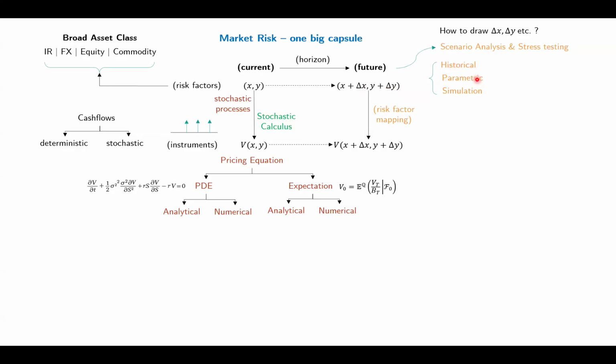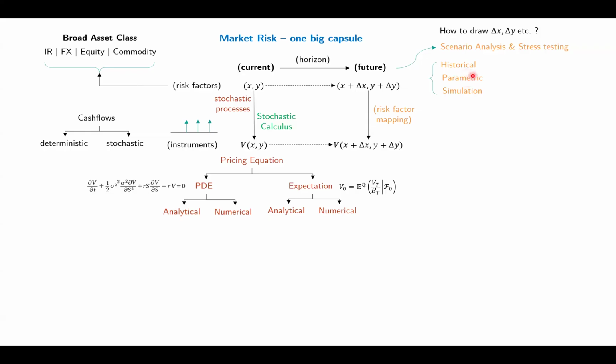Parametric method. Parametric method essentially means you impose some kind of distribution on the delta x and delta y. For example, you'll assume they come from a normal distribution. Once you fit a distribution, that's a continuum of infinite scenarios, right? Anything is possible because I have probability associated with different outcomes.